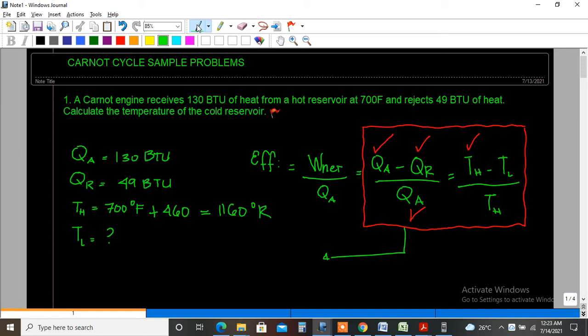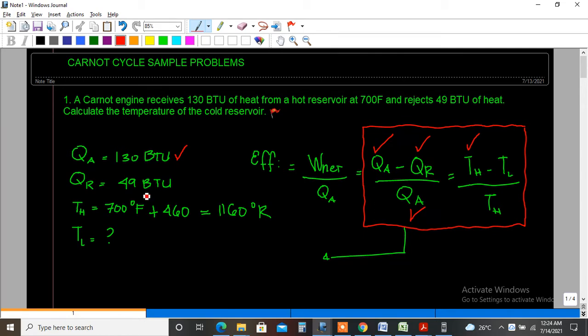So, as you can see, we have the givens. We have the heat added, QA, equals 130 BTU. A Carnot engine receives 130 of heat, okay? It receives, so it means added, from a hot reservoir at 700 degrees Fahrenheit. In the Carnot cycle, we have two temperatures, the high temperature and the low temperature, so the hot reservoir and the cold reservoir.